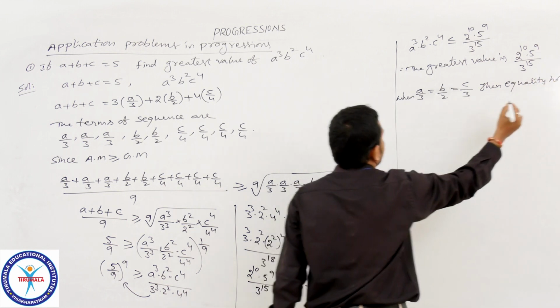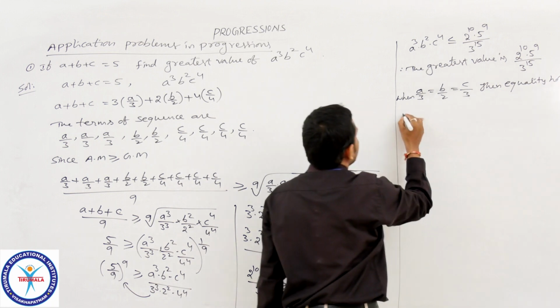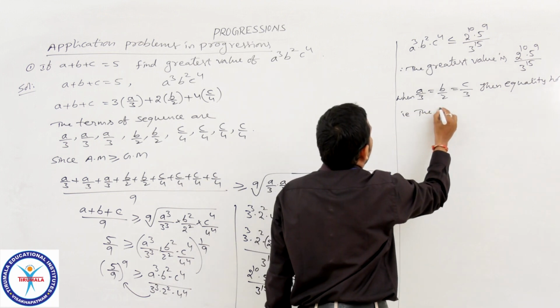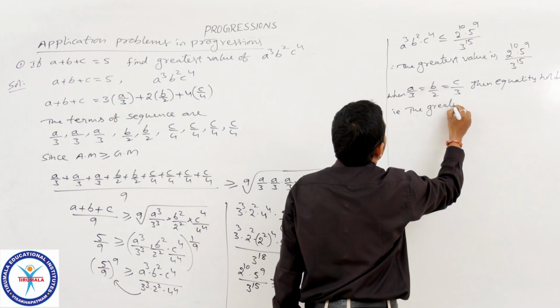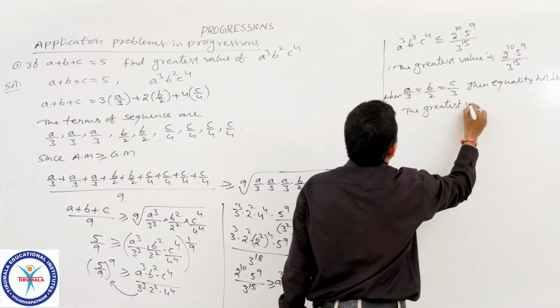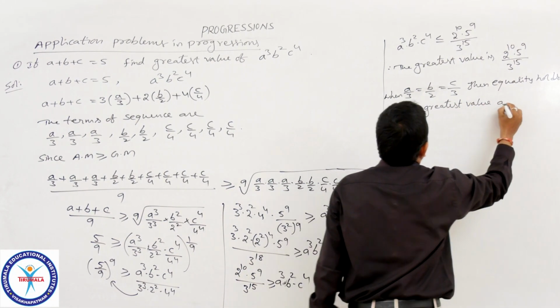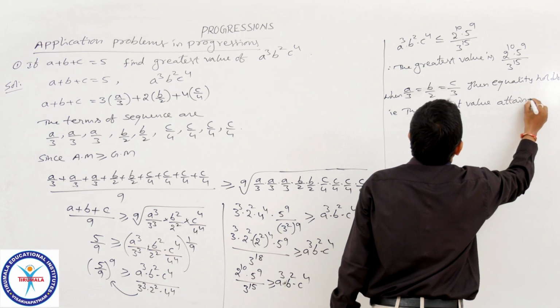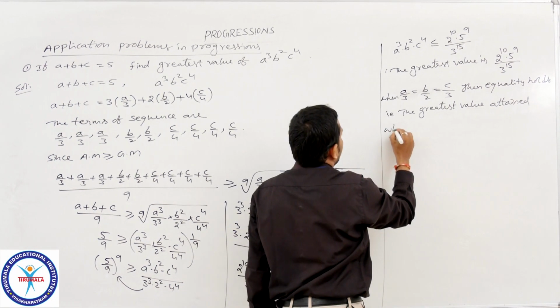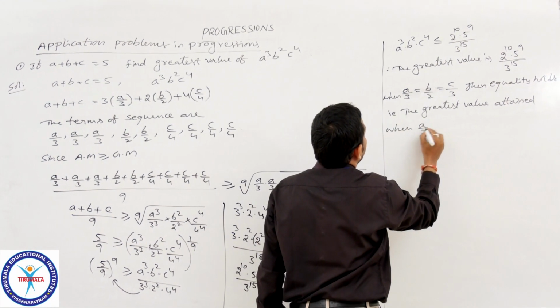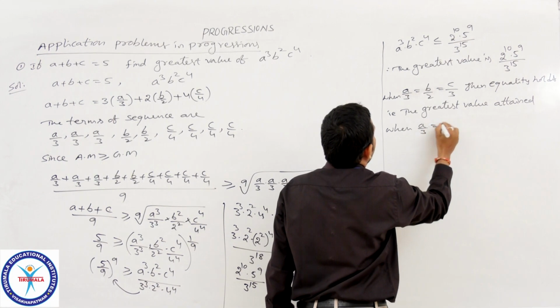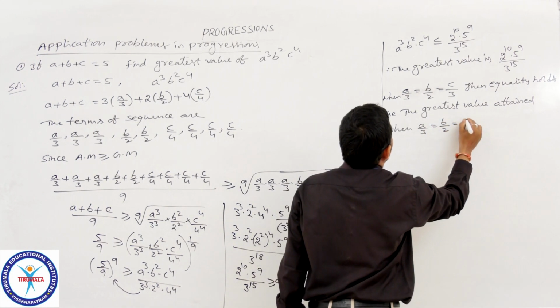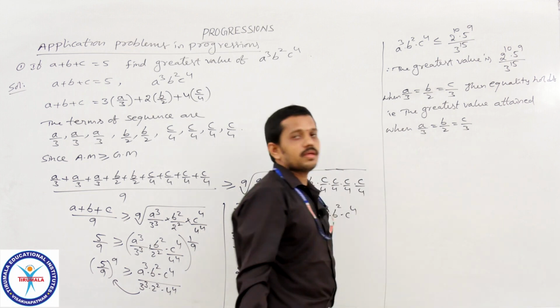That is, the greatest value is attained when a/3 is equal to b/2 is equal to c/4.